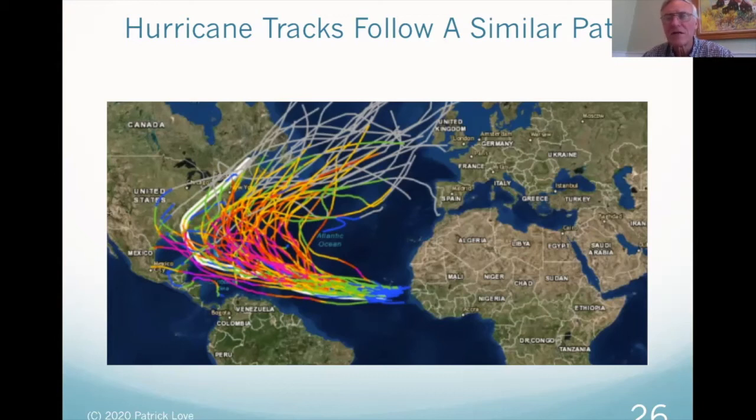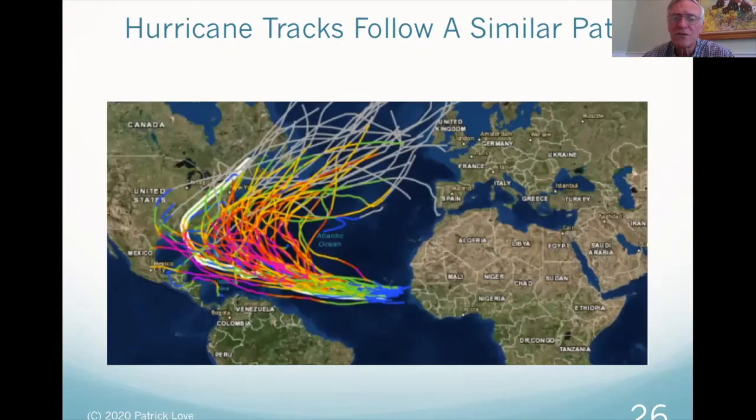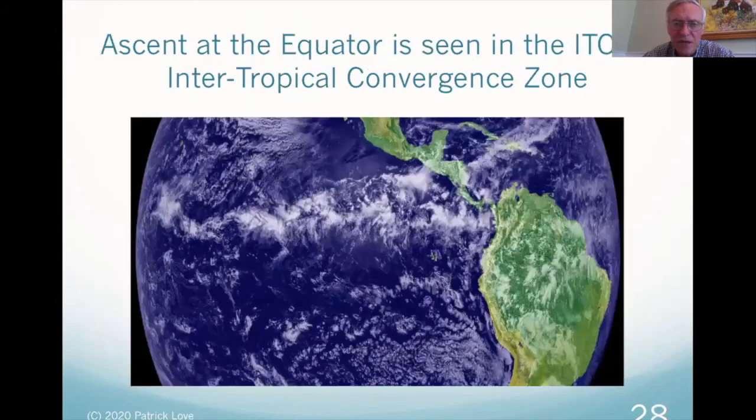Now, hurricane tracks are complicated by high pressure ridges and things like that, which are also part of the circulation, a more complicated circulation system. So what I just told you is only generally true. But you can see in general, it pretty much corresponds: almost all hurricanes eventually run into the westerlies of the Ferrel cell.